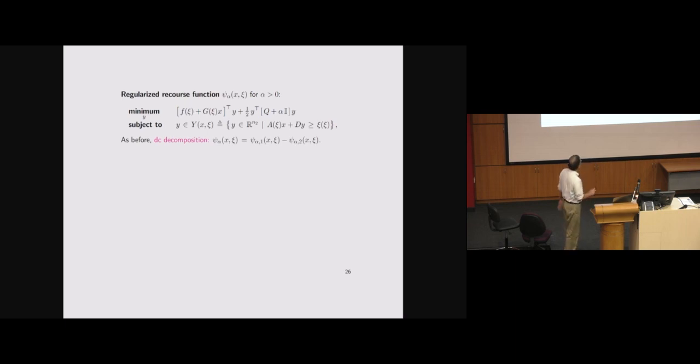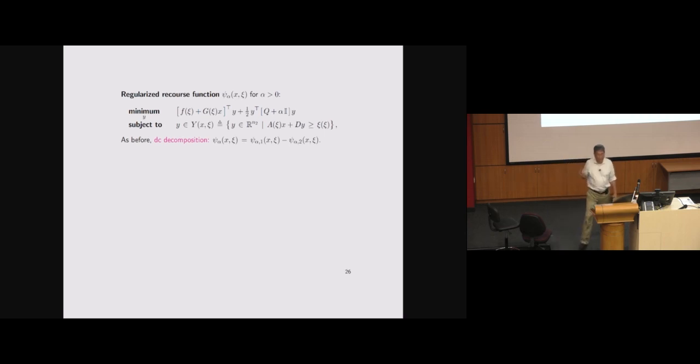So now how do I accomplish this? I need to define a regularizer. So I regularize this objective, so now I make it positive definite, and then I can get the DC decomposition of this regularized recourse function.